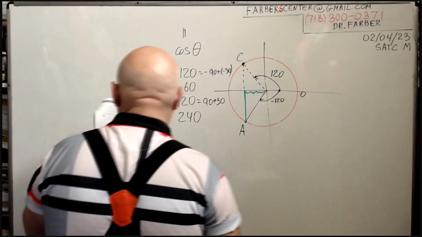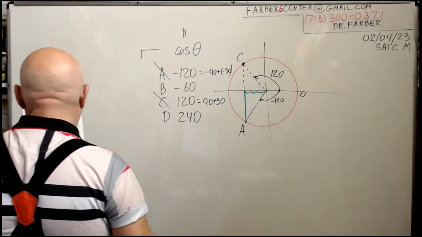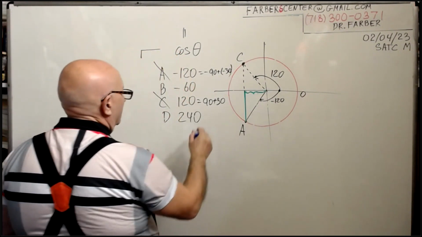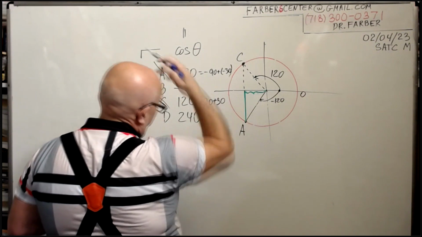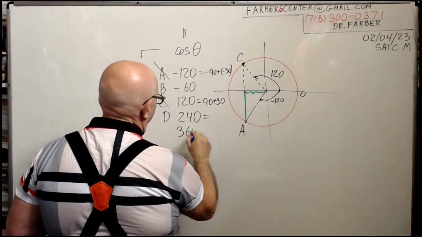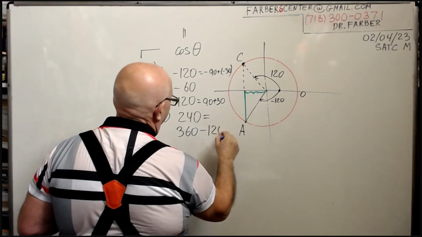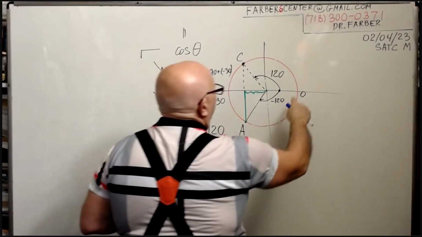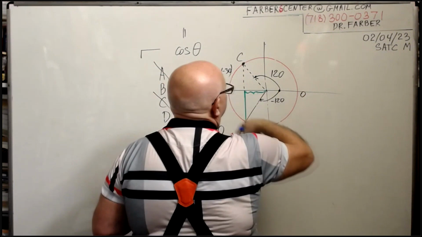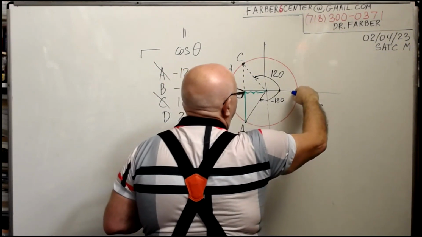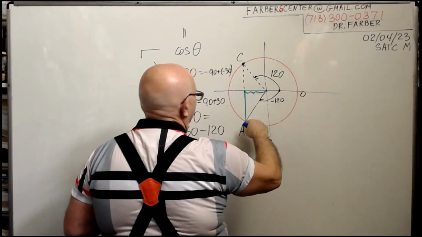What is left here? What about 240? 240 is, let's say, 360 minus 120. If you go from this point, this is 360 minus 120, you get to the same point.